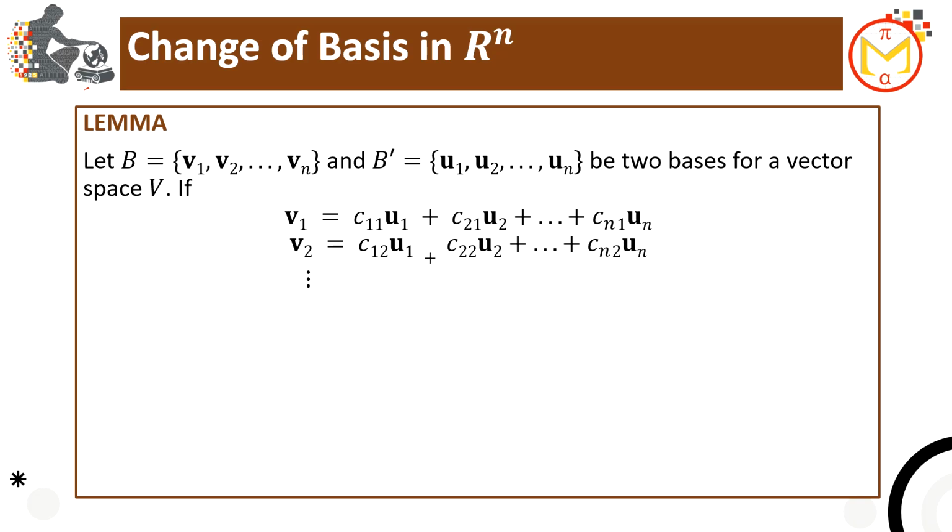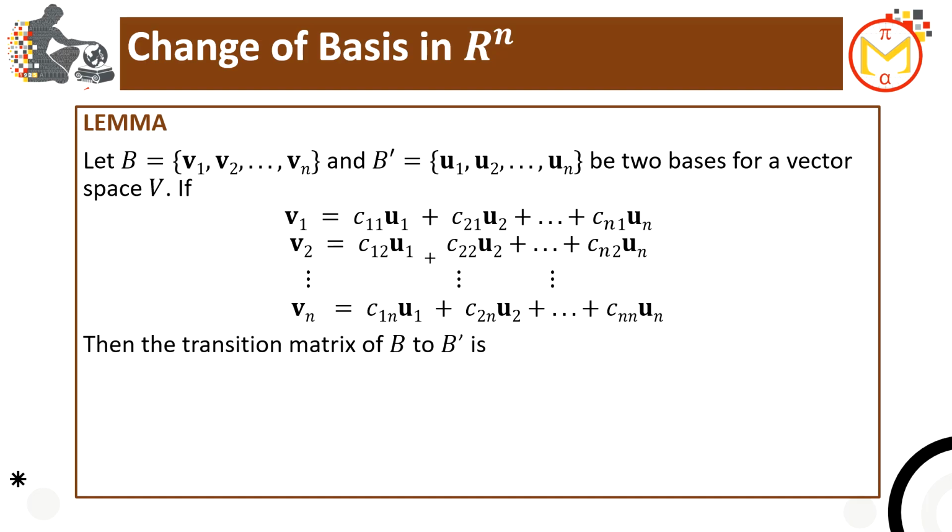This is just the lemma or the theorem that will support the previous theorem. So let B and B prime be two bases for the vector space.